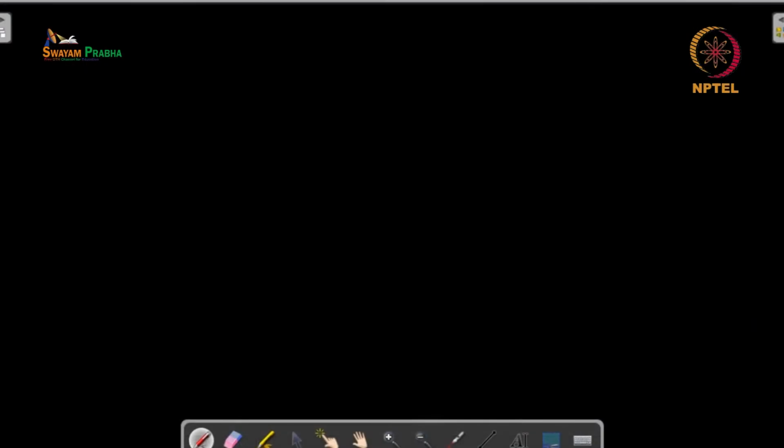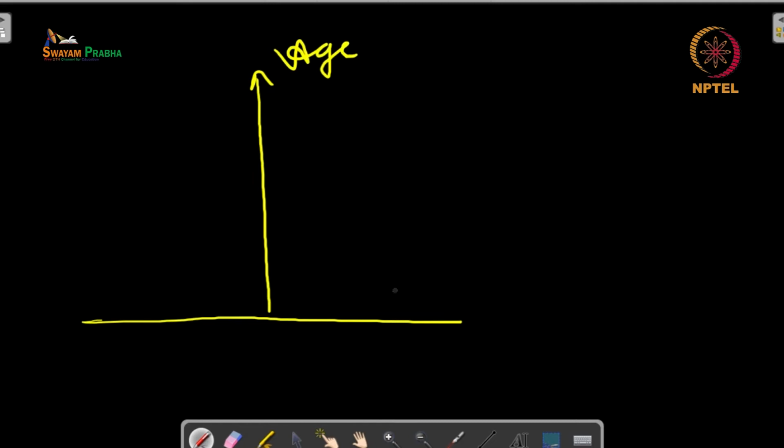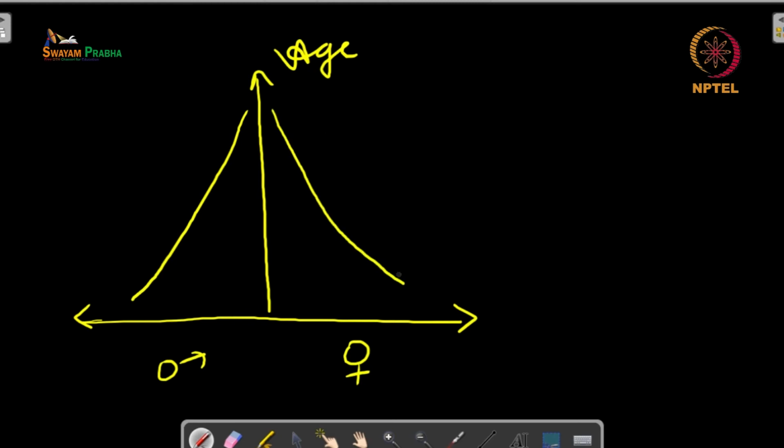For example, if we look at a population pyramid that looks like this. So here you have age, here you have the females and the males in number, and the pyramid looks like this. Now what does this represent? It shows that in this population a very large number of children are being born.